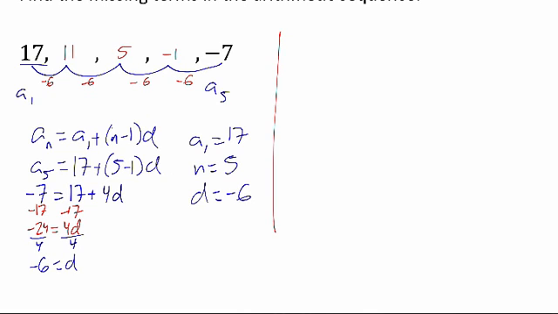Another way you can approach this is, to figure out the common difference, it's your overall change divided by your number of, and I'm going to use the word steps here. Let me rewrite this because my 2 L's there look like the 4.